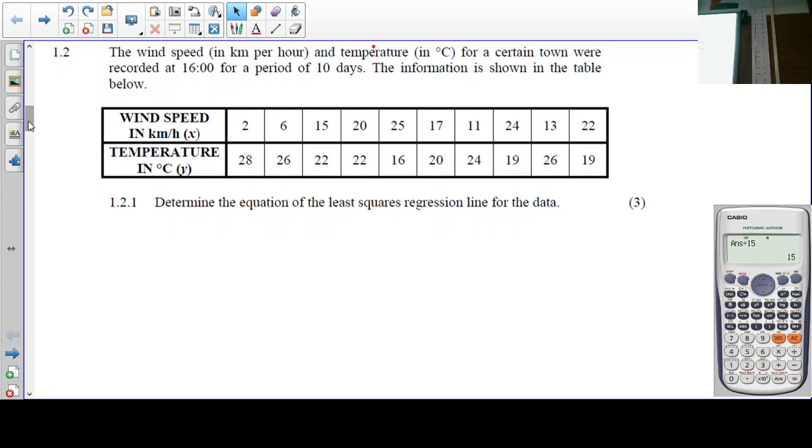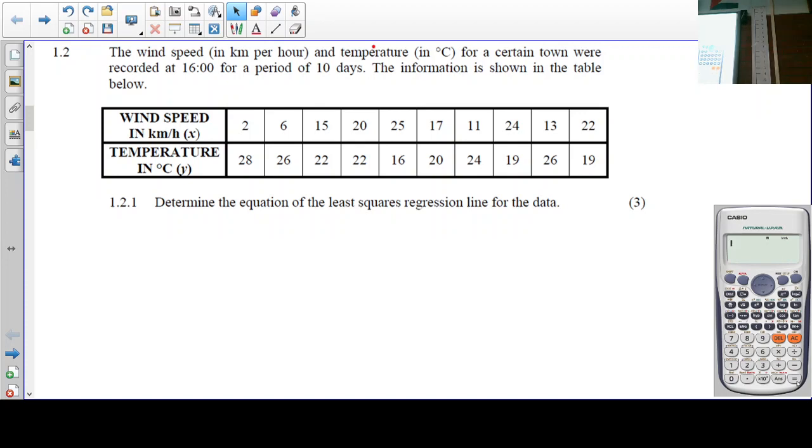So how do we get the calculator to calculate the least squares regression line? Again, if you want to clear your calculator and it's acting up, you press shift 9. You're going to all clear, 3, equals, and there we go. Back to factory or default settings. Okay.